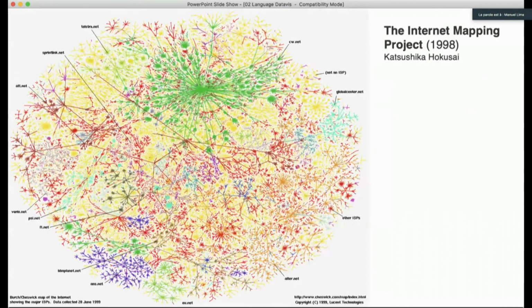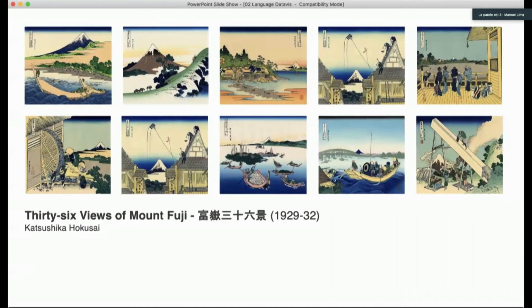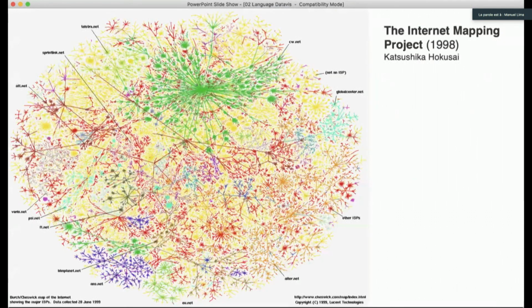So if you remember anything from the talk today, think about your data set, your database, whatever subject you want to represent, as your Mount Fuji, right? There's infinite ways of depicting it. So this is an example. Often you get an article in the media saying, hey, this is the map of the internet. This is how the internet looks.